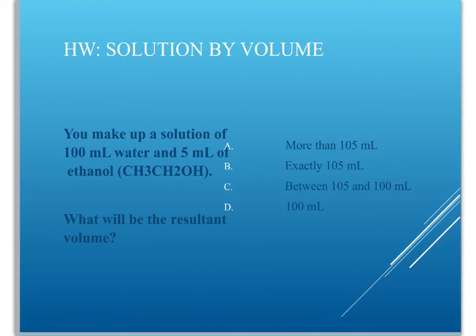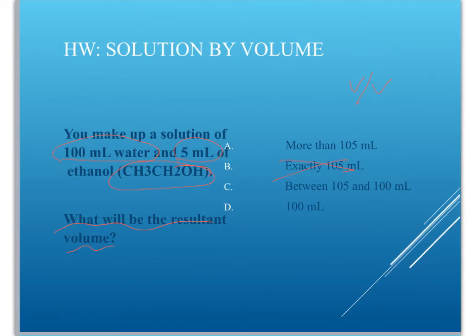Solution by volume. Let's say that we start with 5 milliliters of ethanol. It is a liquid on its own. And again, that's the active ingredient in any alcoholic beverage. And we mix that together with 100 milliliters of water. So we call that a volume-volume mixture. What is the resultant volume? Well, from my hint on the last slide, you probably realize that it's not going to be exactly 105.